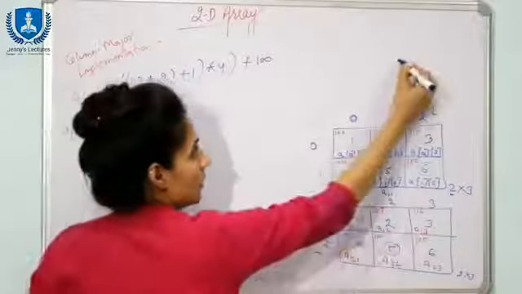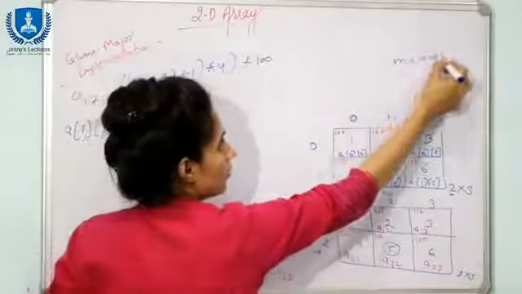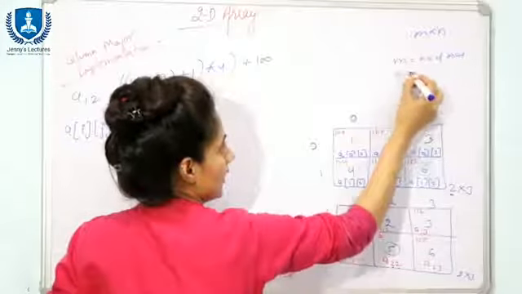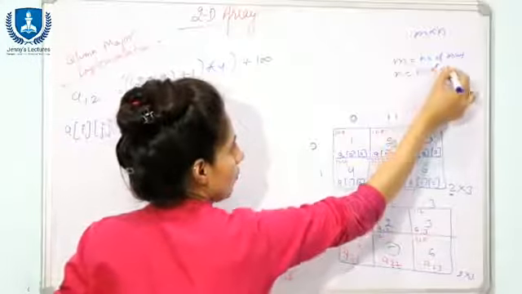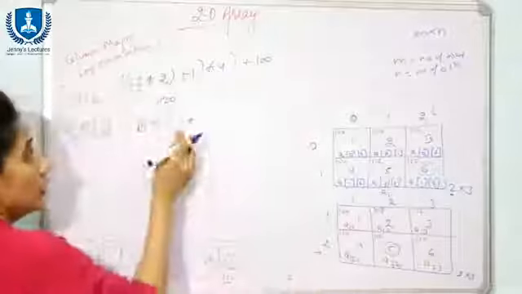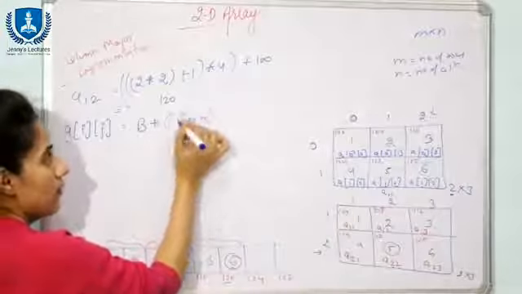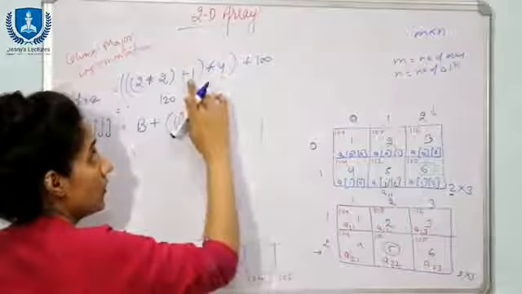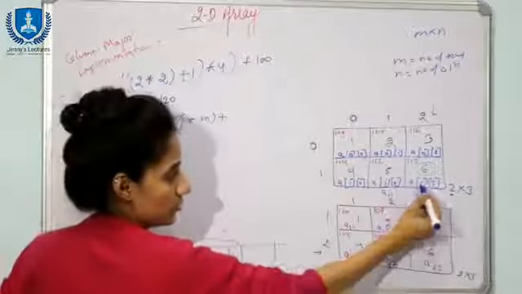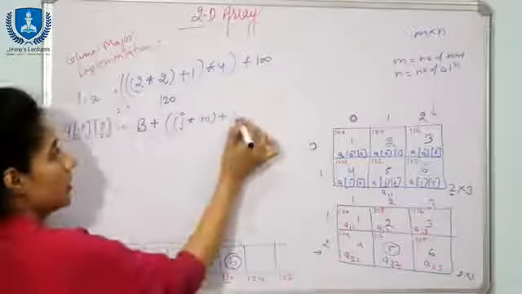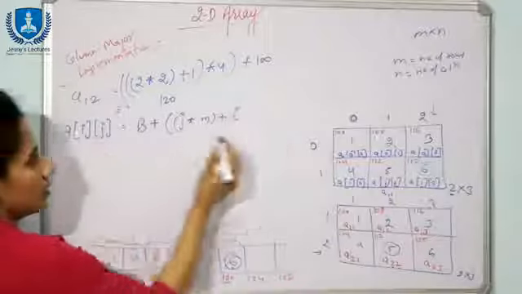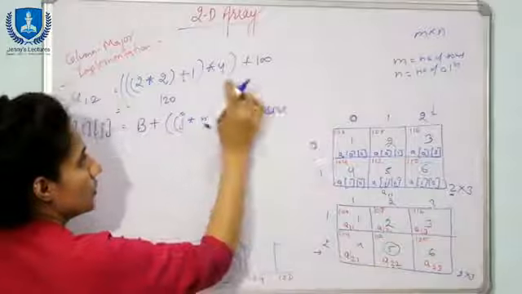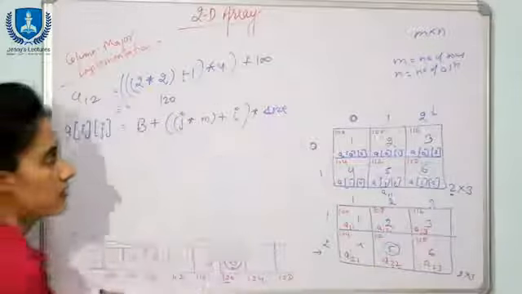So in general I take m as the number of rows, m into n matrix, n is the number of columns, fine. j into m, plus we have taken here plus 1, that is this first index, right, plus i, the first index is i, and into this 4, that is the size.